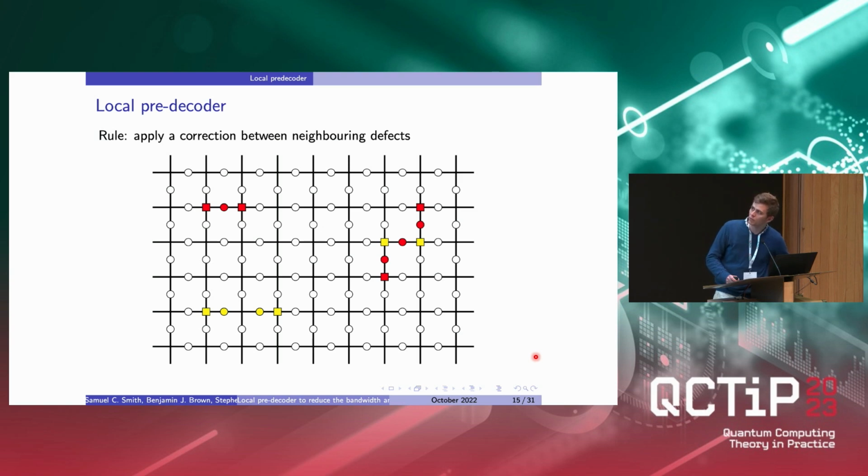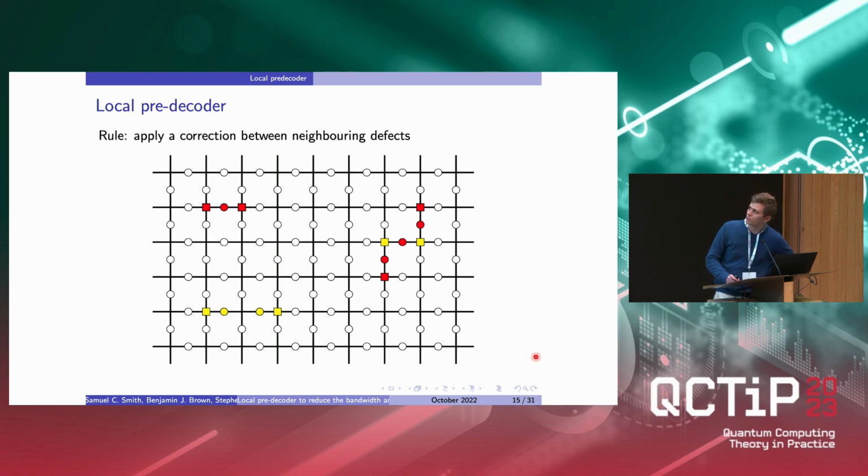In the top left, we have a pair of nearest neighbor defects, and the pre-decoder has seen that they're nearest neighbor defects, and it's just paired them up and removed them from the syndrome. In the bottom left, we have a pair of defects that are not nearest neighbors. It's a small little chain here. And the pre-decoder has gone, let's not touch that. Let's not do anything. OK, fine.